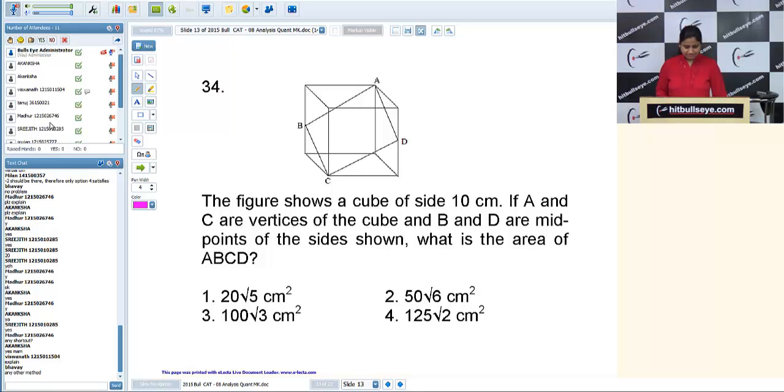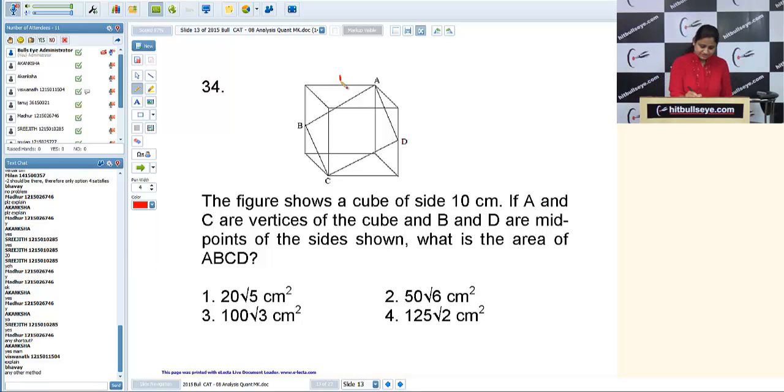As you can see, it says that this is a cube of side 10 centimeter. If A and C are vertices of the cube and B and D are the midpoints of the sides shown, what is the area of quadrilateral ABCD? This is a quadrilateral made in space, not on a face.